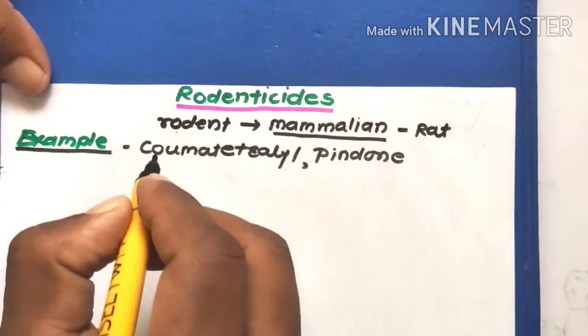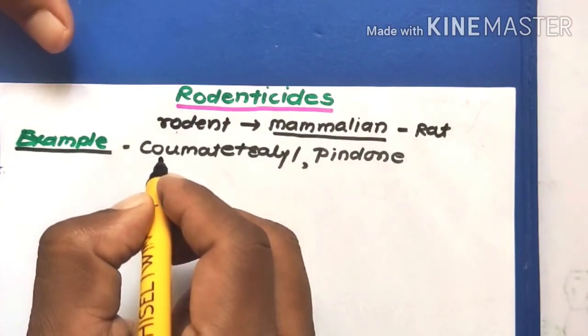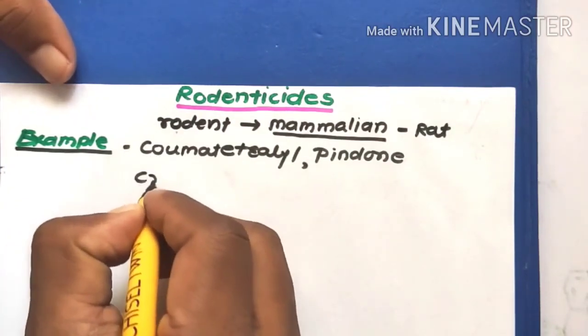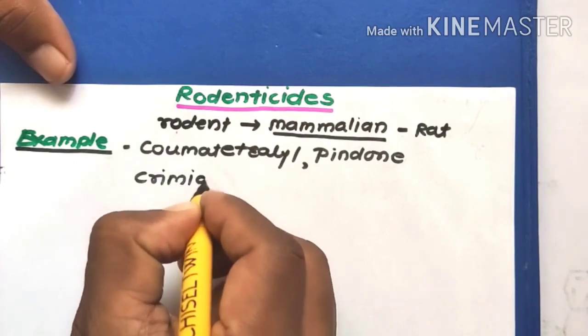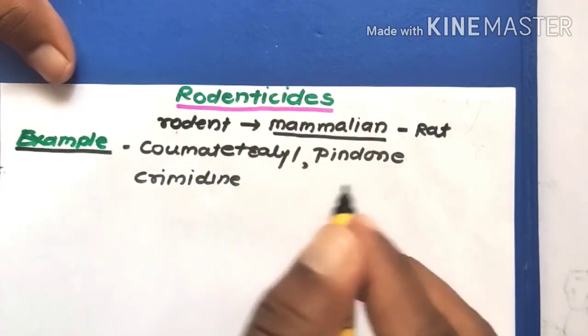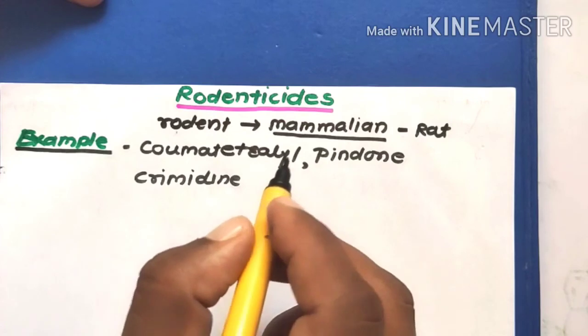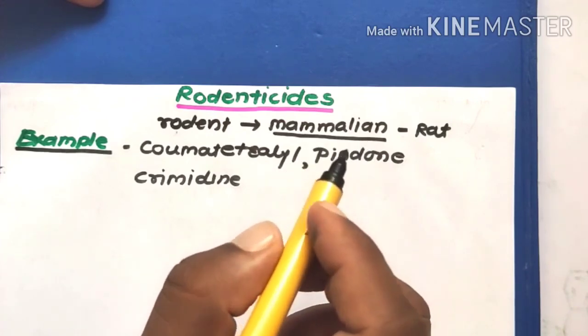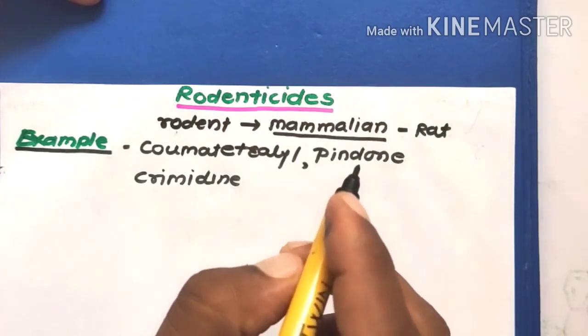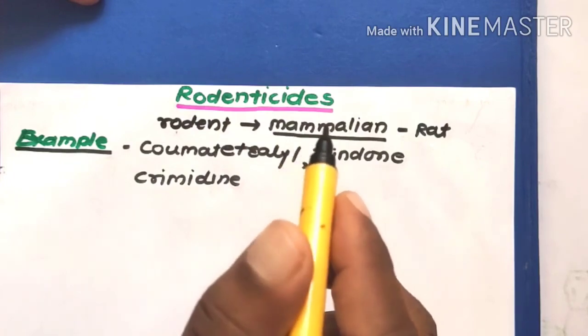The third one, crimidine. These are the chemical components which can be used to control, destroy or inhibit the growth of rodents.